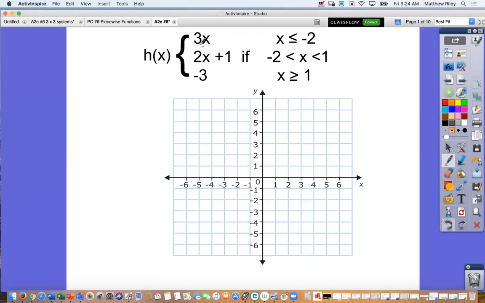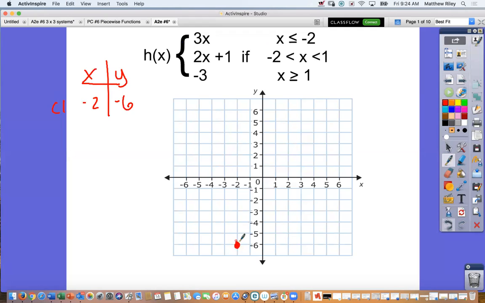I only use this equation, 3x, when x is less than or equal to -2. So I can think of it like this: less than or equal to -2, I need to know that value. When x is -2, my y value is -6, and it is going to be closed. So from -2, -6, it's going to be closed.